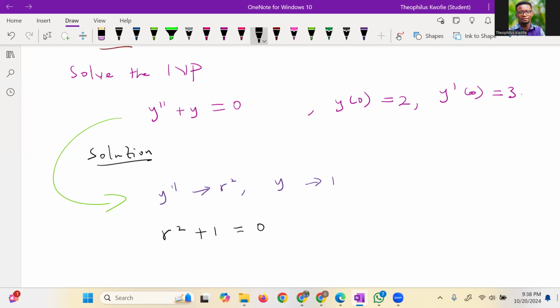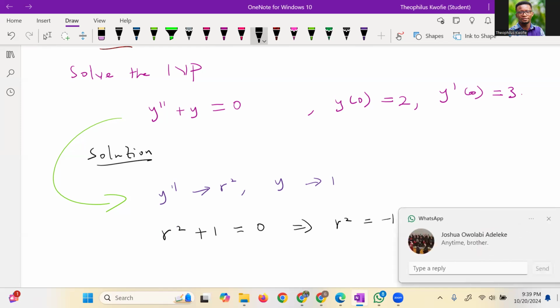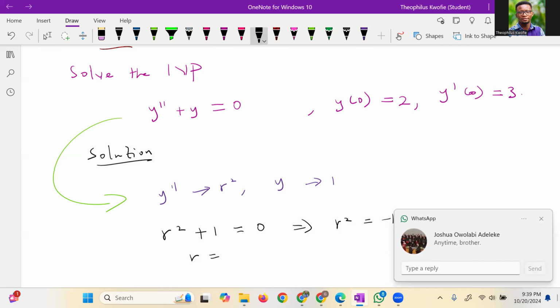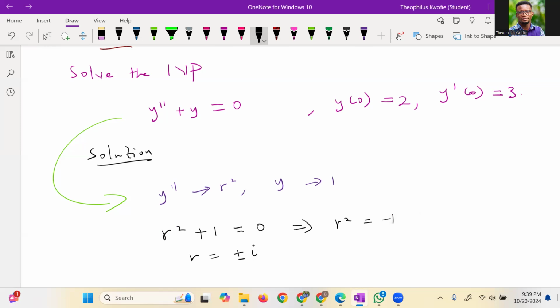So this we can also write as r squared equal to minus 1. So that means that the roots are going to be plus or minus what? i, right? Good.